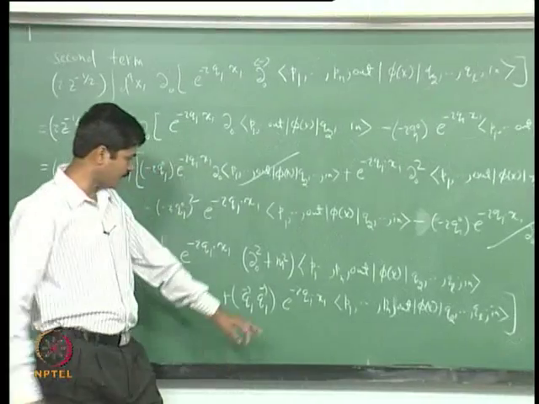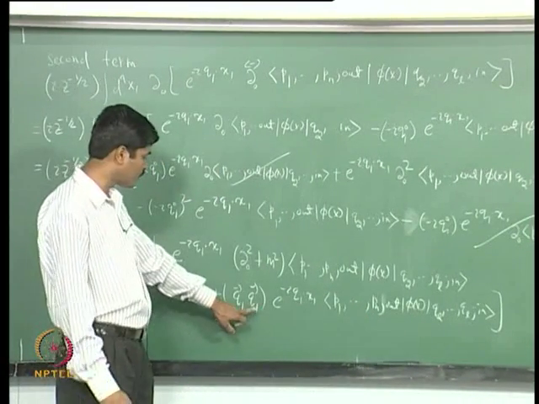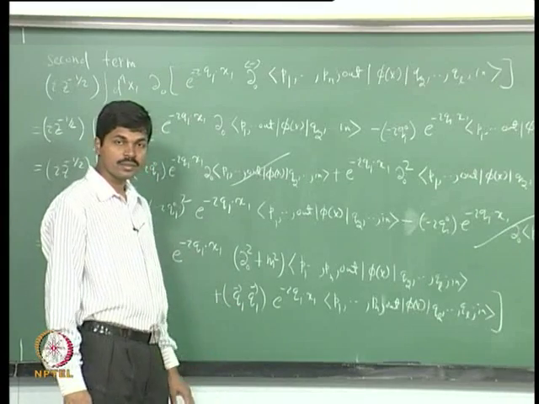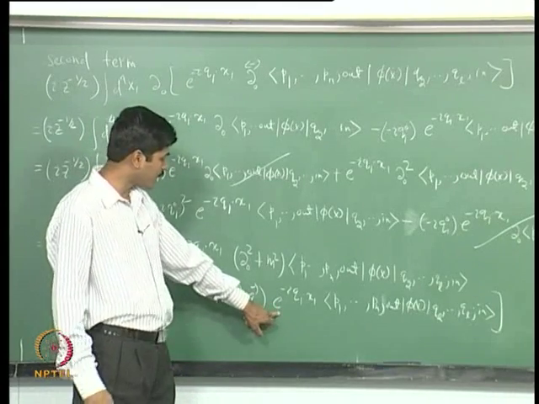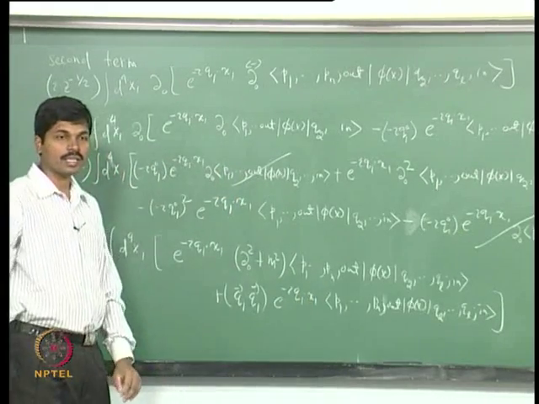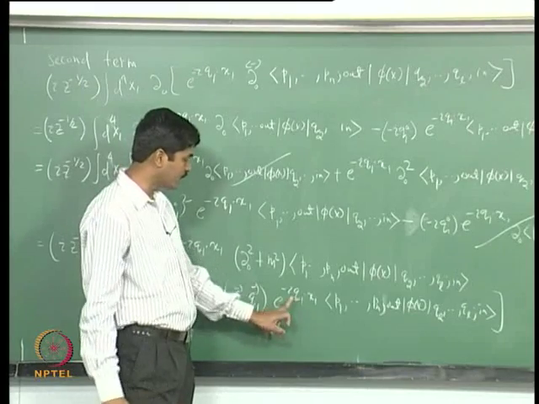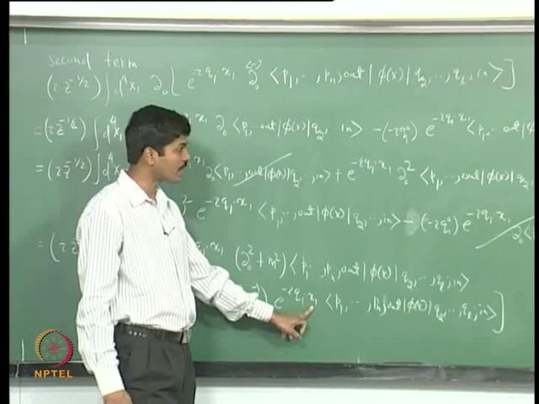Now, the reason I keep it separate is the following. Because of q_1·q_1, what I can do is I can consider this whole term here. I can write it as ∇_1^2 acting on e^(-i q_1·x_1).